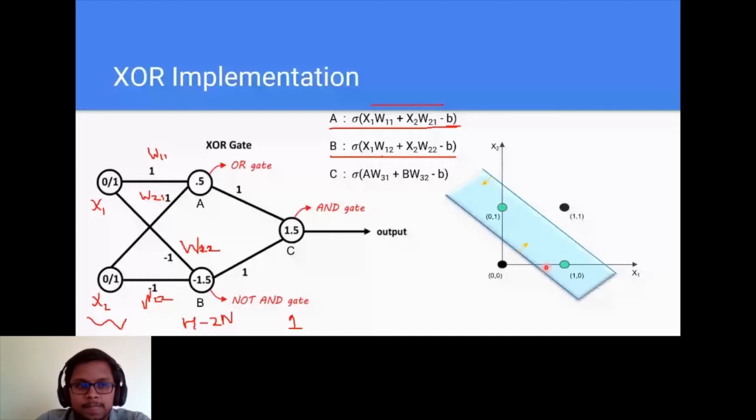In this way, the XOR gate that we have over here used 3 perceptrons to work as an XOR gate. Now with this, I'll stop and hand over the session to Sanket.